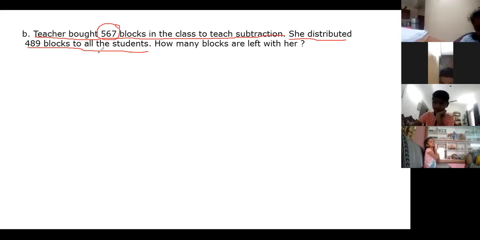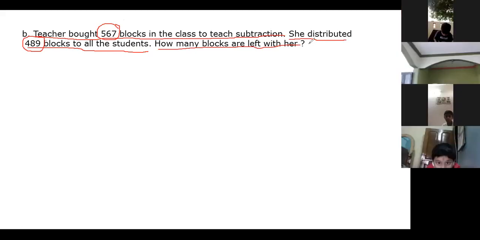And out of these 567 blocks, she gave 489 blocks to all the students. Now the question is, how many blocks are left with her? We all know that whenever the word left is given in the word problem, this means we have to subtract the given numbers, right?